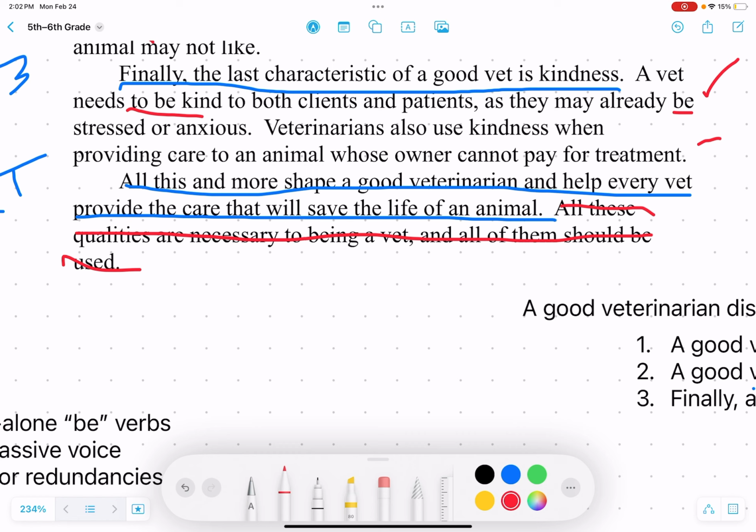These are the kinds of qualities that benefit the animal, they benefit the owner, and in the end, it actually benefits the veterinarian, because through the trust that they've earned, I don't know the term because I'm not familiar with all these things, but their hospital, their clientele, it will grow. So it will benefit them because their business will grow.